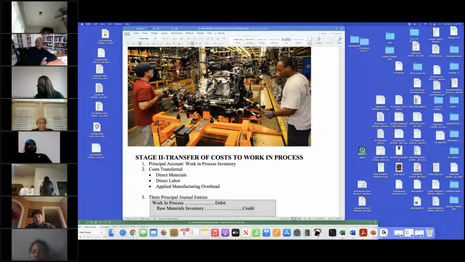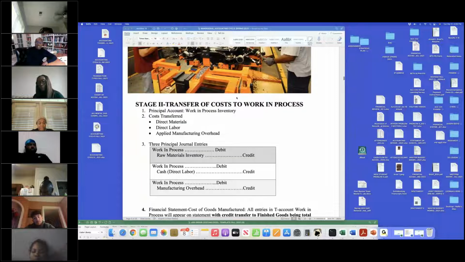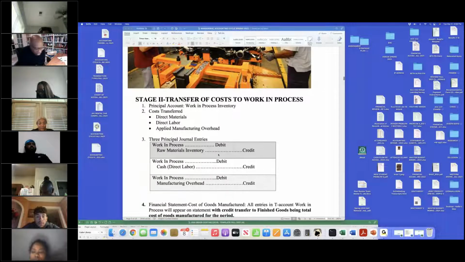For each raw material, we debit work in process and credit raw materials inventory. That's for each raw material. If you got two, two. If you got three, three. Then we pay the workers by debiting work in process and crediting cash. And finally, we estimate the overhead by debiting work in process and crediting manufacturing overhead.